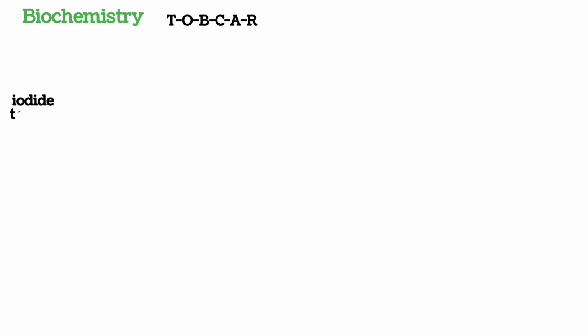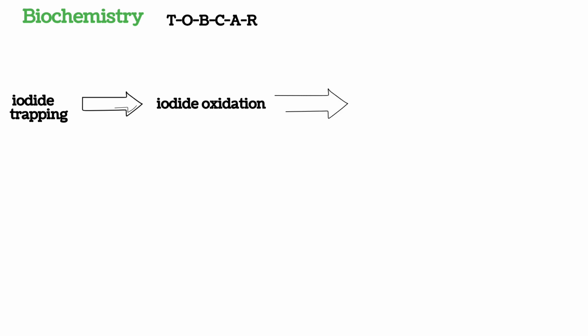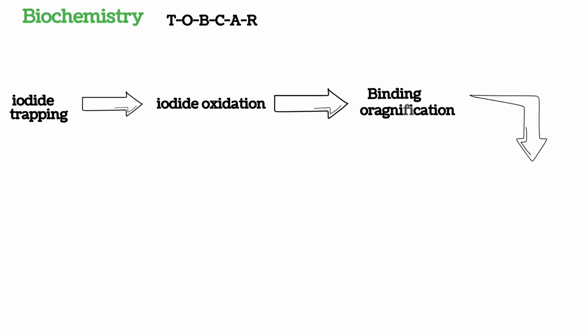Iodine trapping. Iodine trapping is done via the sodium iodide symporter present on the basolateral side of the follicle cell. Now iodide will be oxidized. This is inorganic iodide, which will be oxidized into iodine with the help of H2O2. Here binding and organification will occur with the help of thyroglobulin, which is secreted from the lysosomes of the follicle cells.